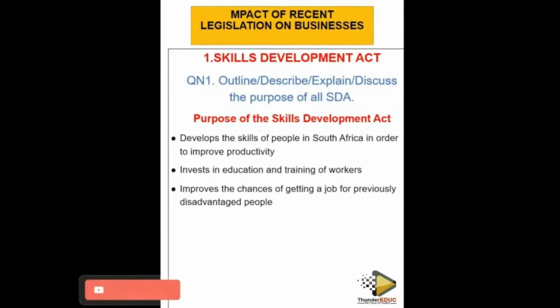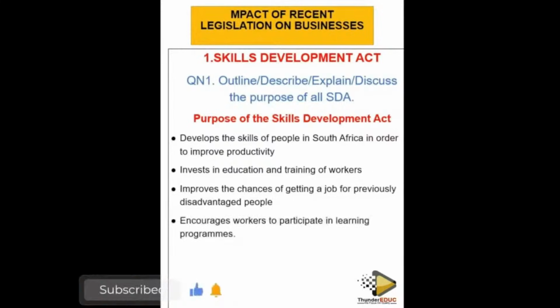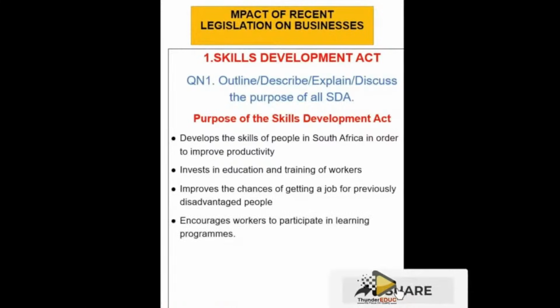So now moving on, this act was also established so as to encourage workers to participate in learning programs. So this act, as I have said earlier, the major aim was to enhance the skills of those workers who were disadvantaged in terms of qualifications and the likes.